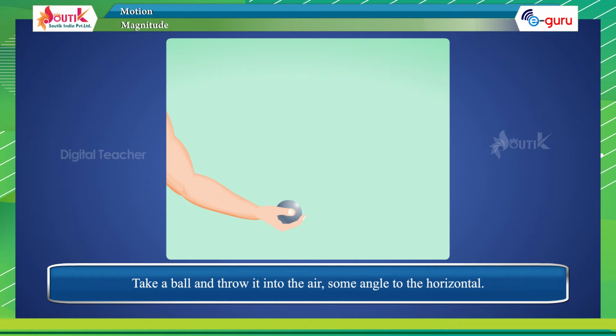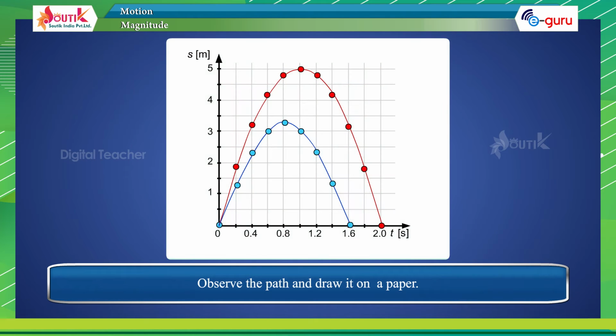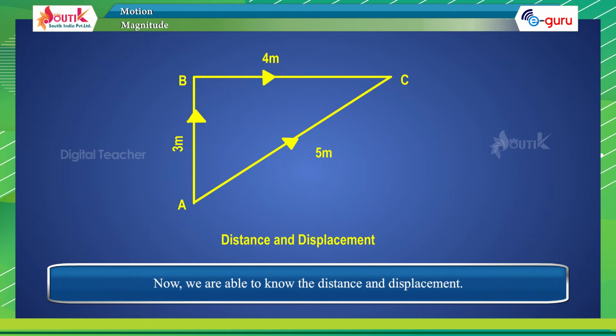Take a ball and throw it into the air at some angle to the horizontal. Observe the path and draw it on a paper. Now we are able to know the distance and displacement.